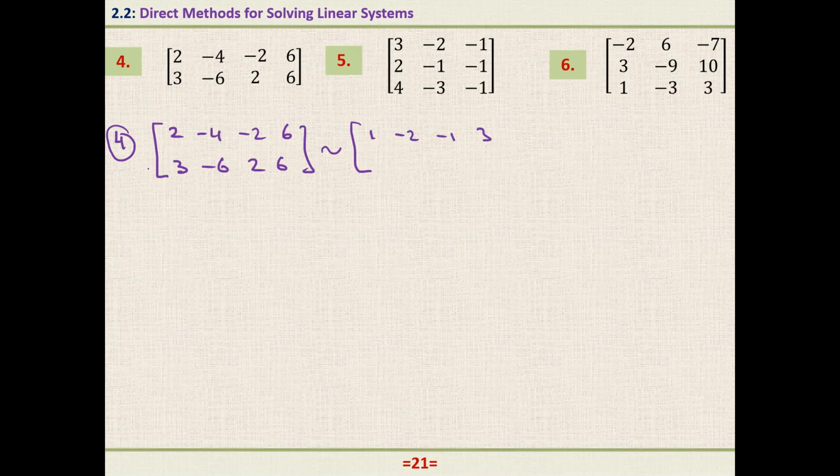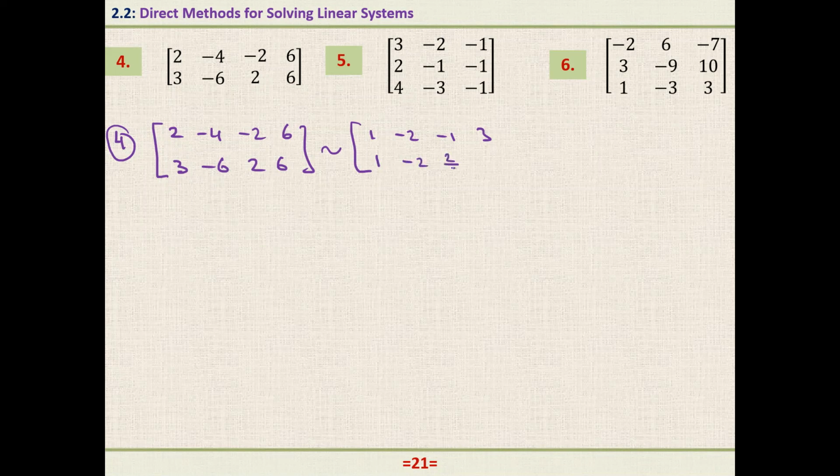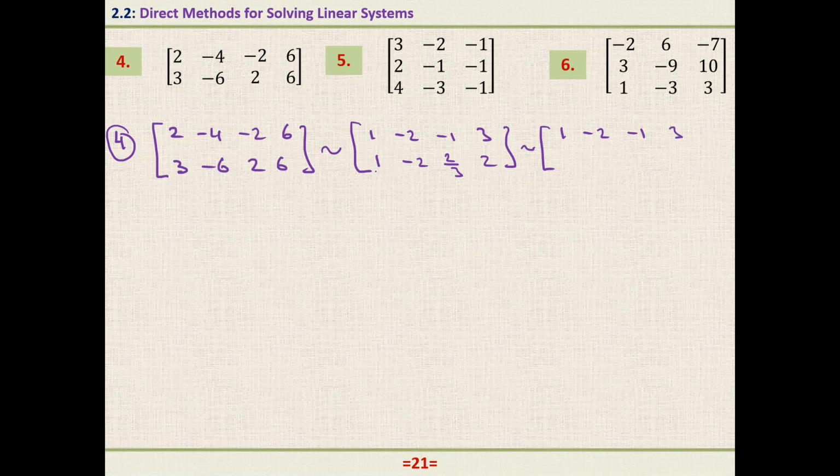and 3. And the second one, I have nothing to do, just leave it like this, or I can just divide by 3, right? So here we have 1, here we have negative 2, 2 over 3, and here we have 2. 1, negative 2, negative 1, and 3. Multiply the first row by negative 1 and add to the second row, so it is 0.